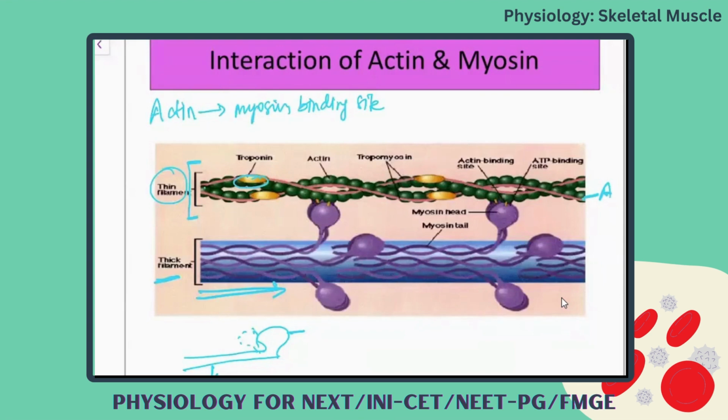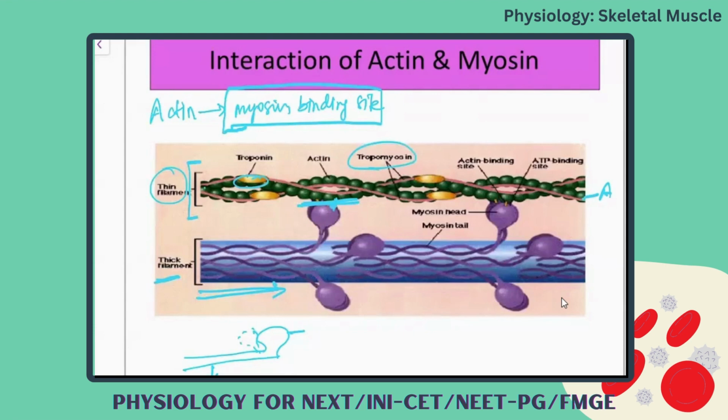Specifically in the actin, you have a myosin binding site. That is the site where the myosin is going to bind with the actin in the presence of a signal during muscle contraction. If there is no signal, the actin and myosin will not remain attached. This myosin binding site in the actin will always be closed in the absence of a signal by the structure called tropomyosin.